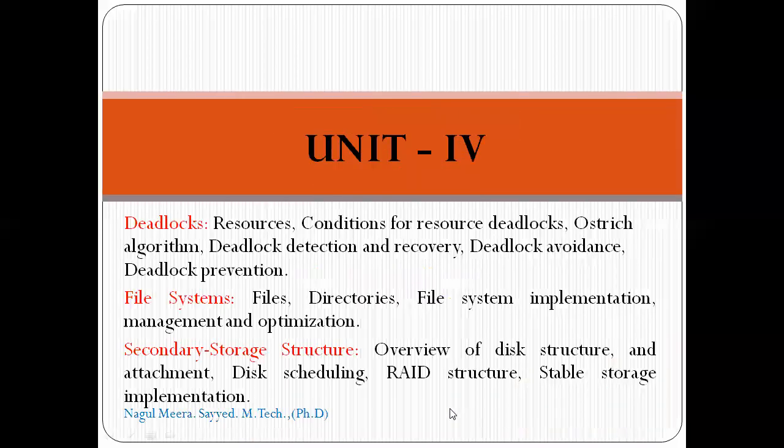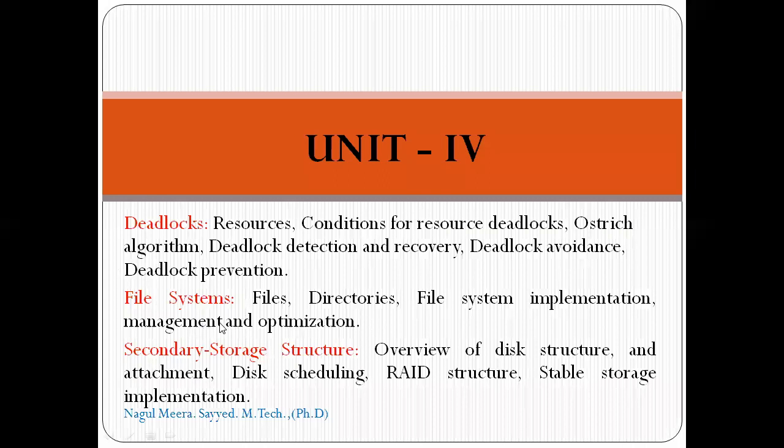This is our syllabus, this is a file system. So the directory is completed, file system implementation completed. Now coming to our management and optimization. We are at the end of our first chapter, that is file system.